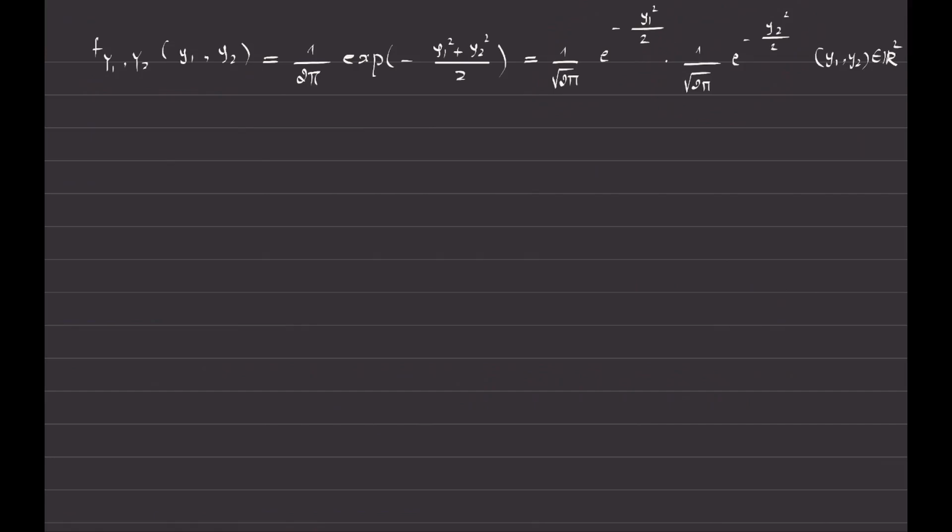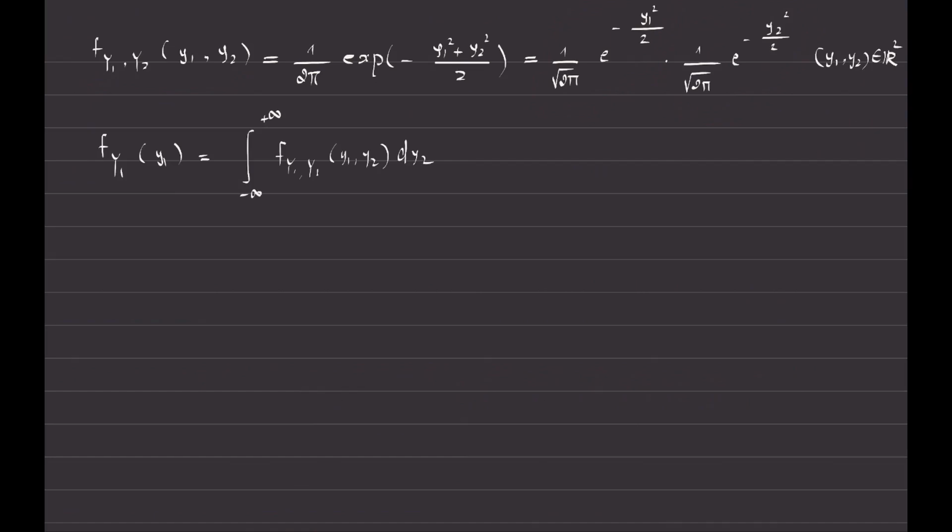So this means that first of all, they are independent, and each one of them has its own probability distribution. If you really want to prove that, you can integrate over the other one. For example, if you want to calculate this, you just integrate that function over the other variable from minus infinity to infinity.